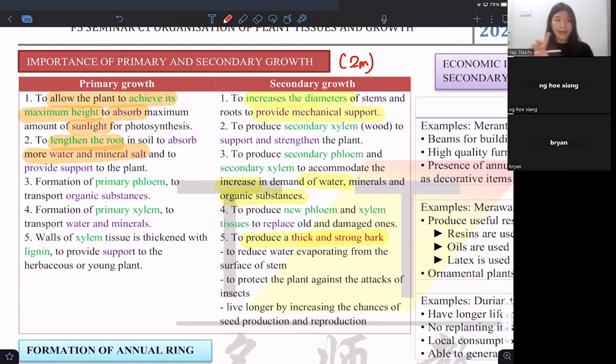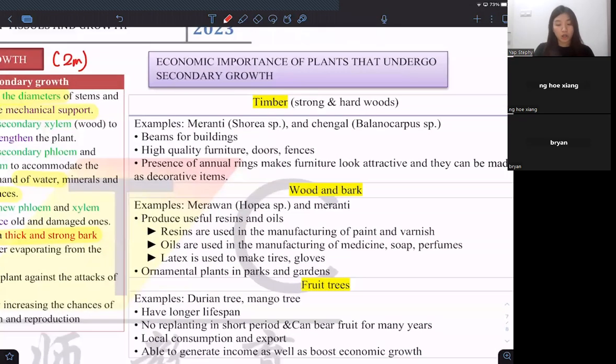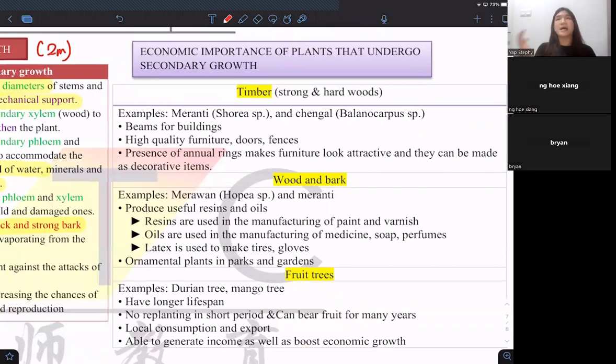Okay, and there is another type of importance, which is economic importance. Sometimes in the exam, they will tell you that the plant after secondary growth has high commercial value. Explain why. So for this one you can write economic importance, because after secondary growth, the plant is bigger, stronger and thicker, so it can make other products. For example, it can produce high quality furniture and doors, and also because of the presence of annual rings.